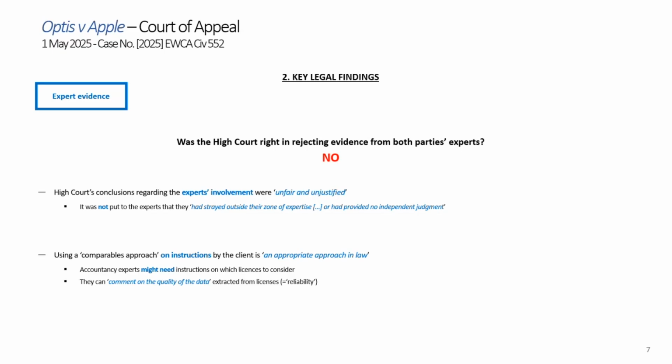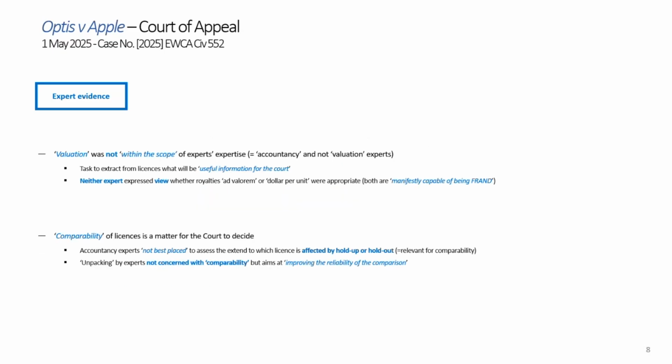Because what the experts actually did was not to do the actual valuation of Optis' portfolio, but basically talk about the reliability of the data. So extract data from licenses that are already there, from comparable licenses, and help the court make the valuation itself. So that's what the Court of Appeal made clear here, that the valuation was the exercise that the court should take and was not something that the experts should have done.